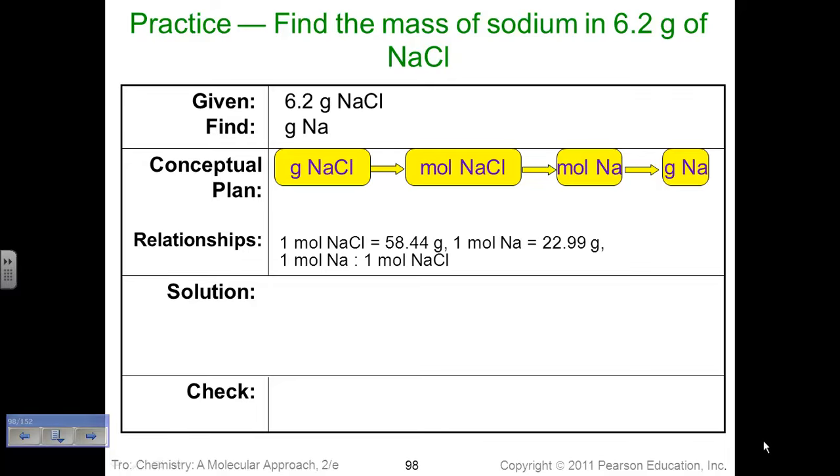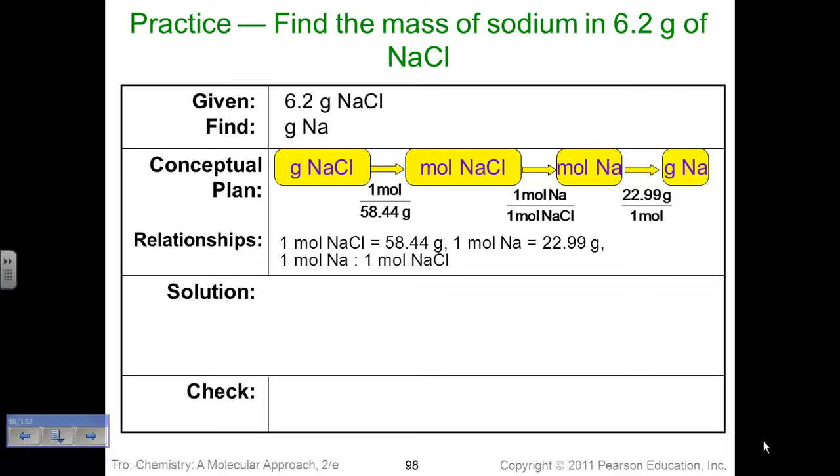So that's just simply saying the formula weight. So if 1 mole of table salt is 58.44 grams, 1 mole of sodium, its weight off the chart, 22.99 grams. So we just go to work converting from what we want, starting from given, working toward what we want.